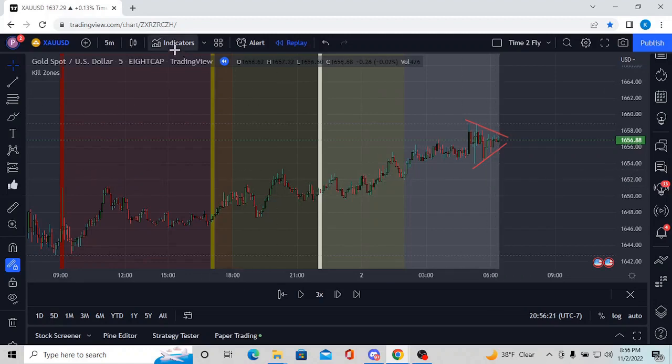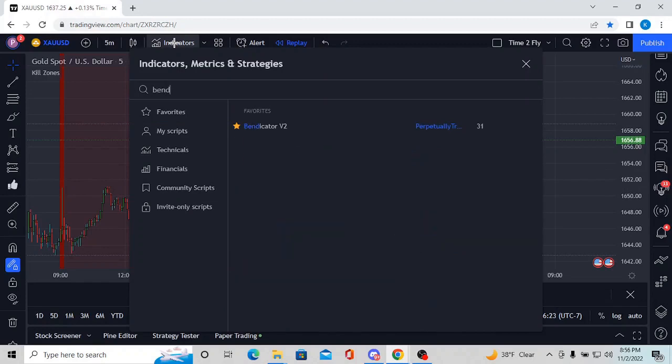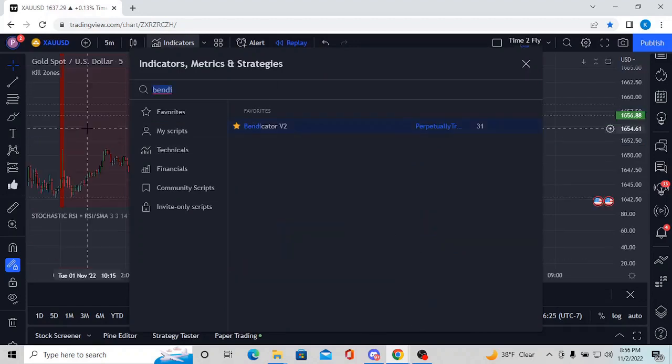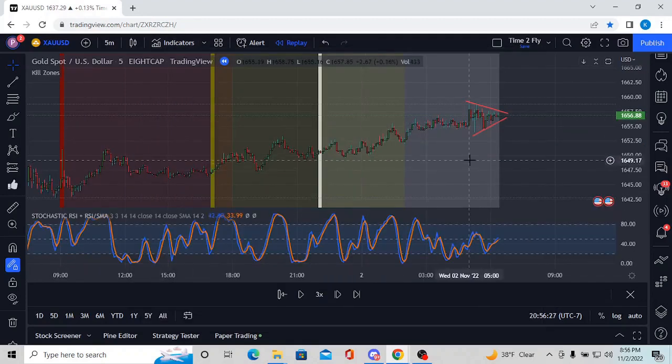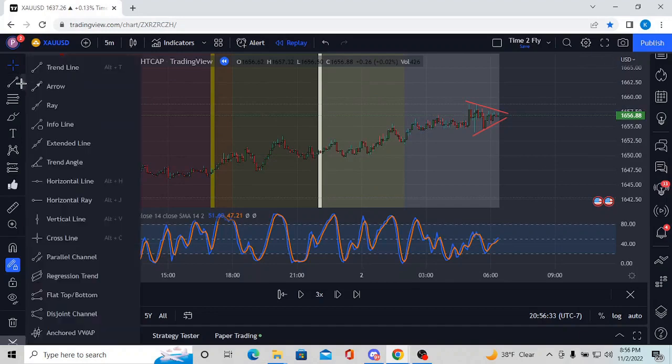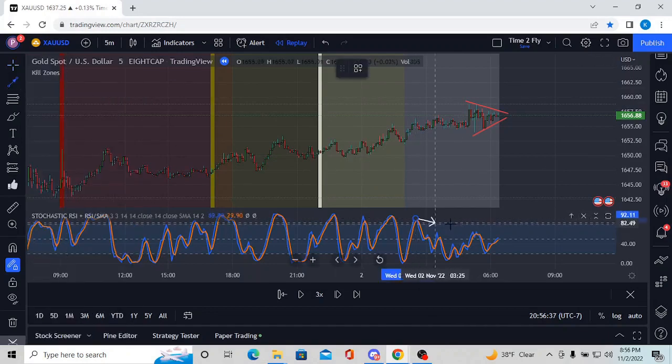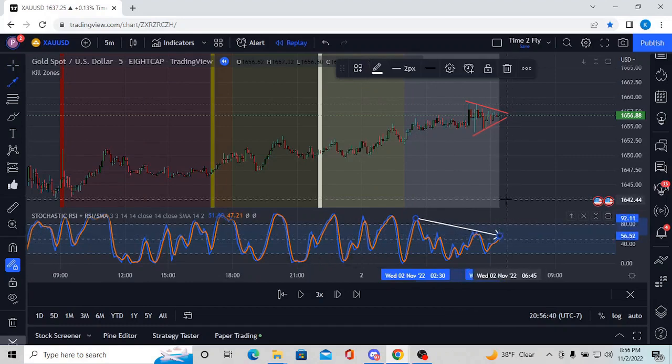Next thing I'm going to do is put on the Vindicator. This is what I currently use right now as my number one divergence fortune teller, I like to call it. To the left in the menu bar, I use arrows to determine the divergence, to separate it from trend lines.